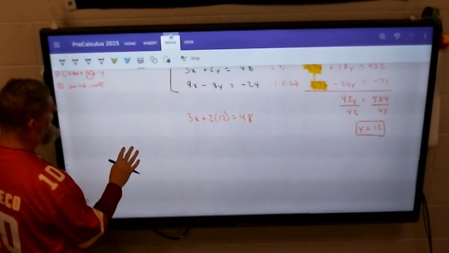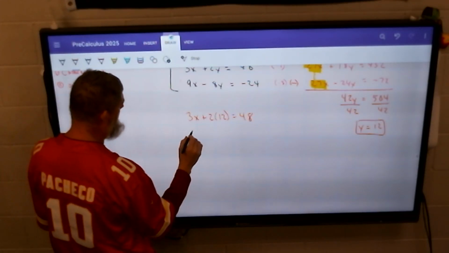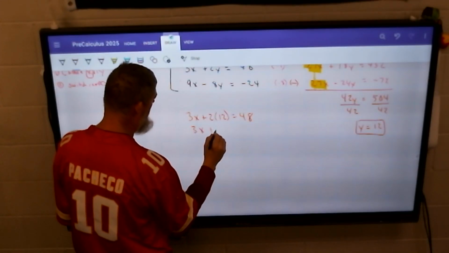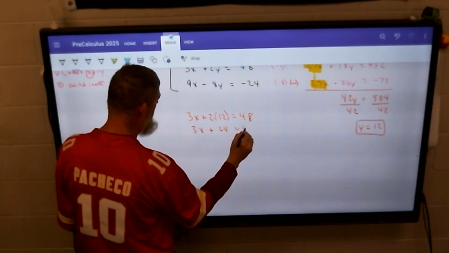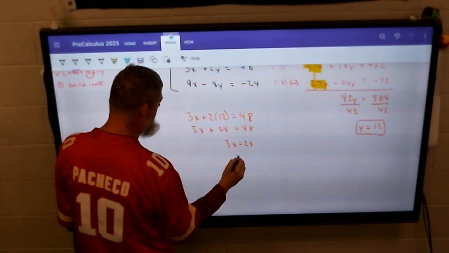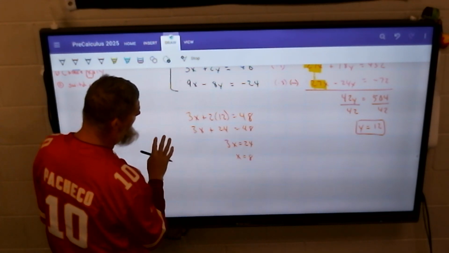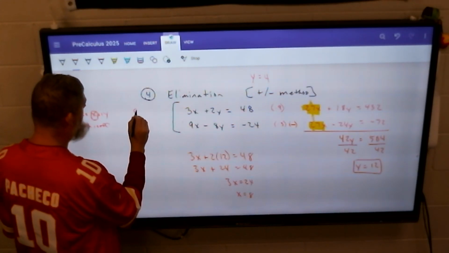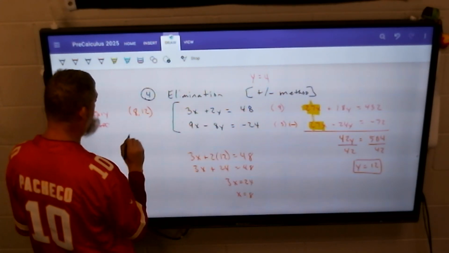So 3x plus 24 equals 48, so 3x equals 24. X is going to be equal to 8. So now I have my answer, 8 comma 12.